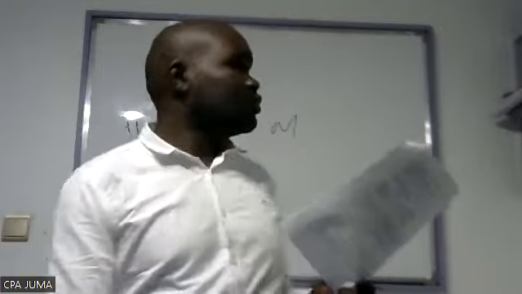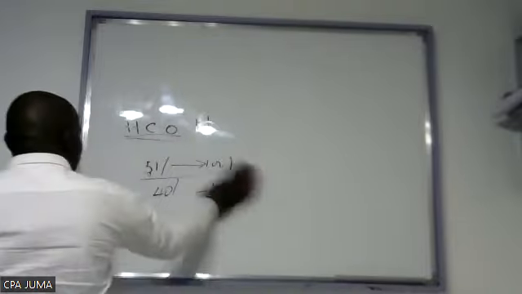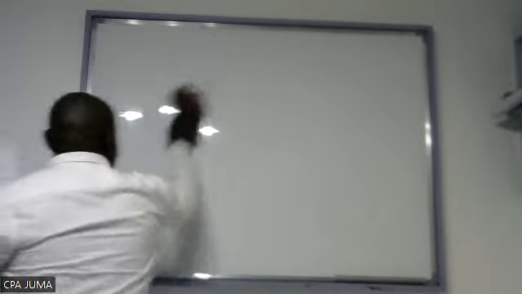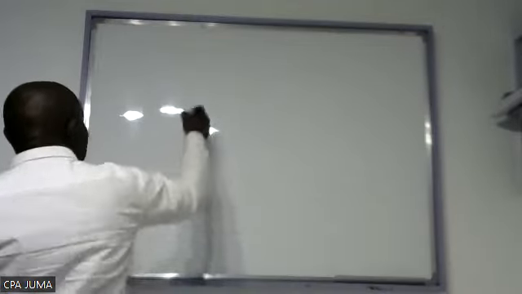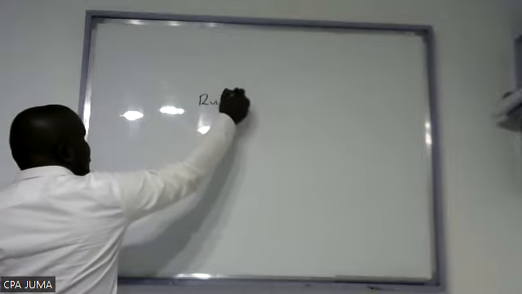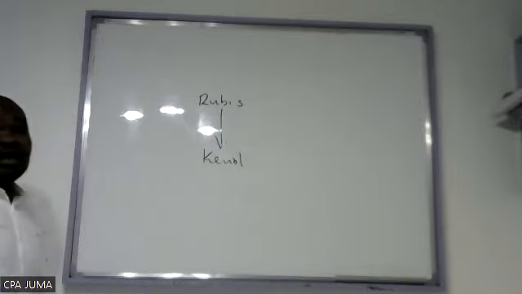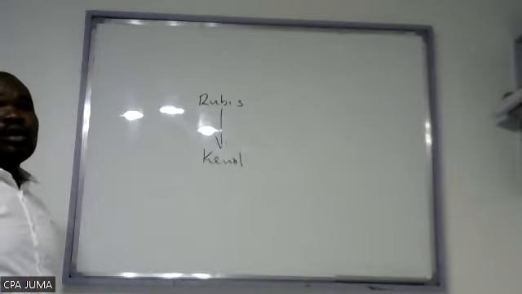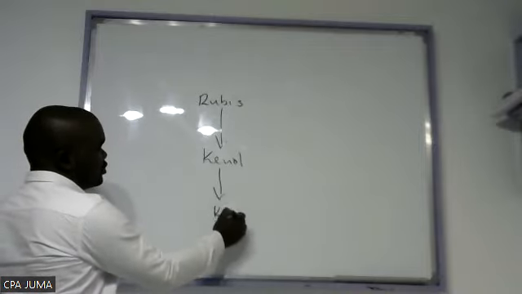Sub-subsidiary. It is a subsidiary company to one of the subsidiaries within the group. So what we are saying is, Rubis acquired Canon. You are aware of that? But before Rubis acquired Canon, Canon had also acquired Corbil.